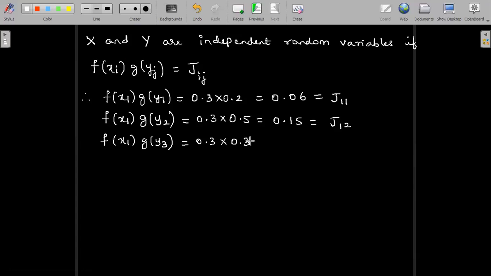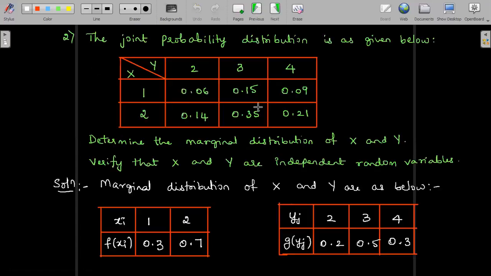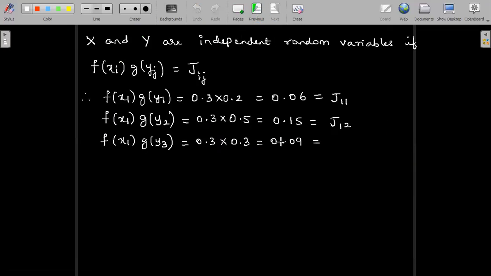So now let us perform 0.3 into 0.3, which gives us 0.09, and we observe j13 is 0.09. So this is equal to j13. This was a set of values keeping x1 fixed, and we varied y1, y2, y3. Now we will move the other way.